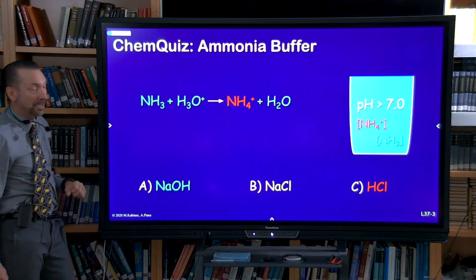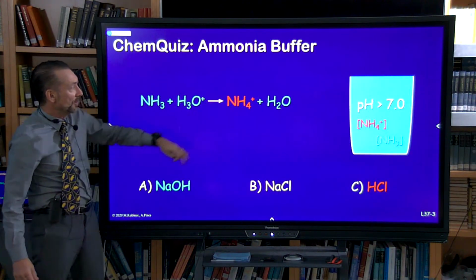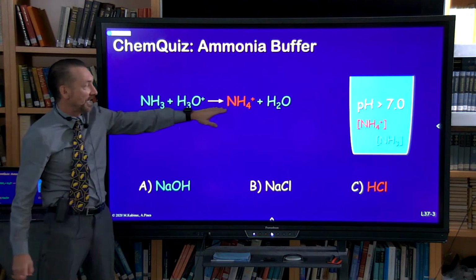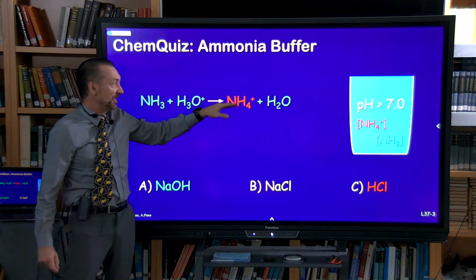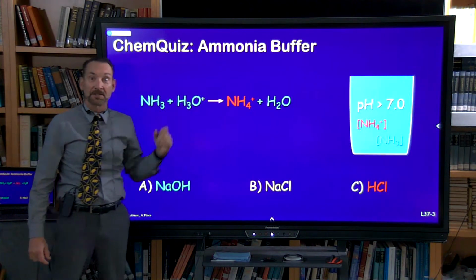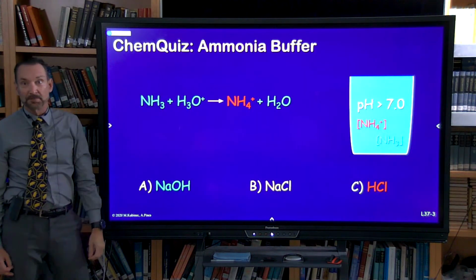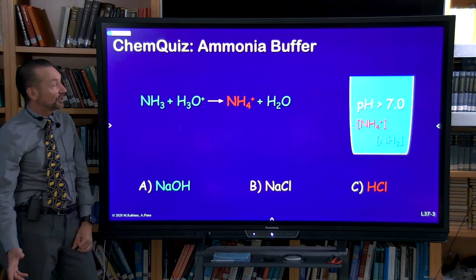We started with ammonia, the weak base in solution. It comes to equilibrium with this weak acid. The pKb for that is around 5. So that's a weak base. When the pKb is around 5, depending on what concentration we put in there, the pH might be around 8 or 9.